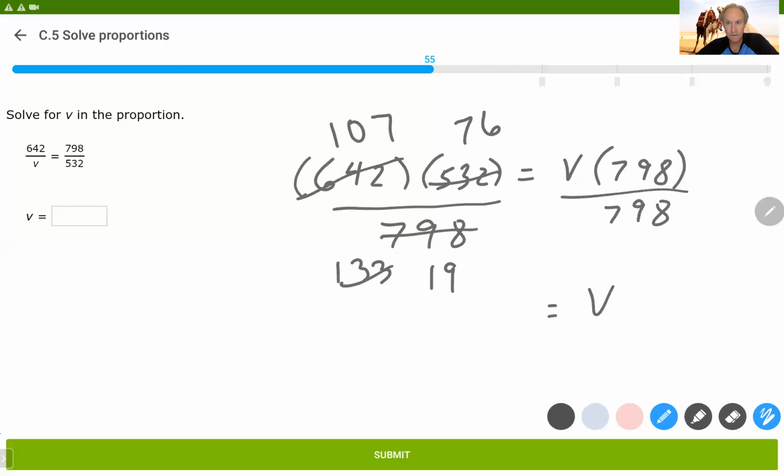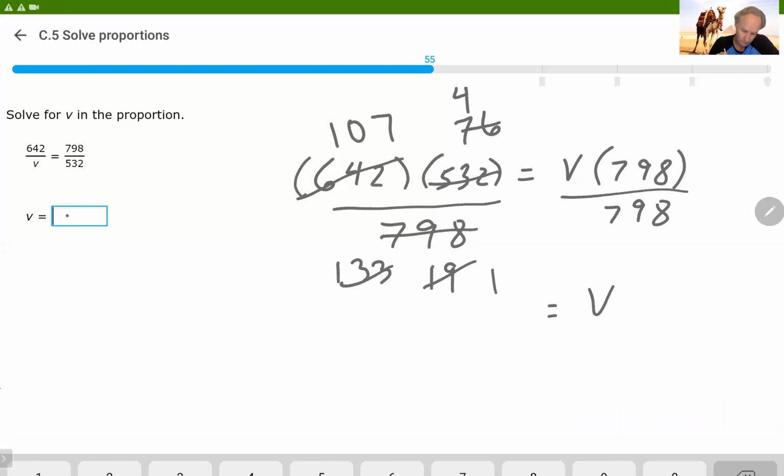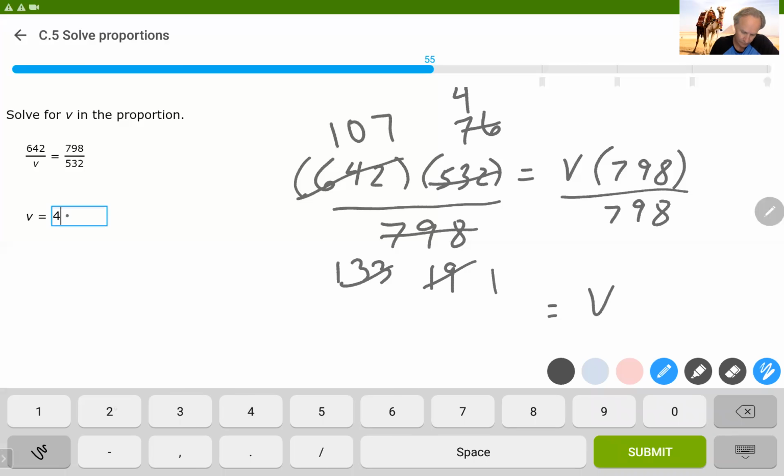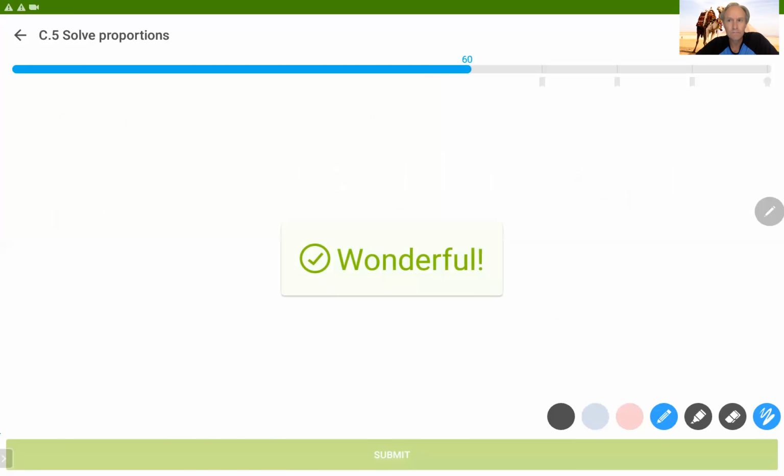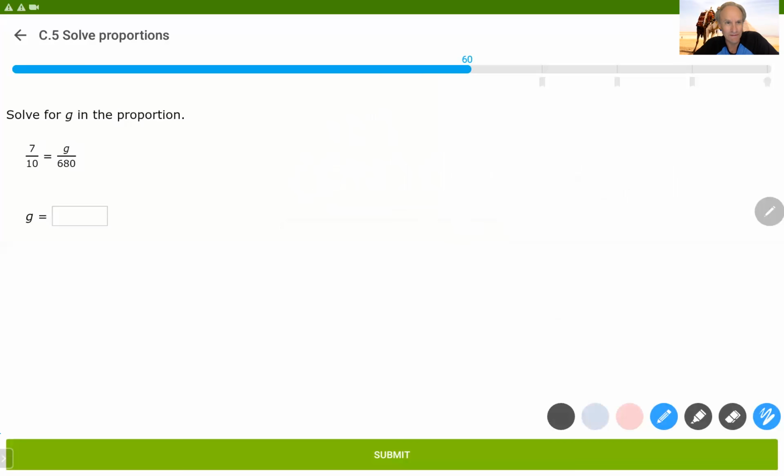And 19 goes into 76 4 times, which gives me 428. Seven is always a tough one. Hard to see your divisibilities there.